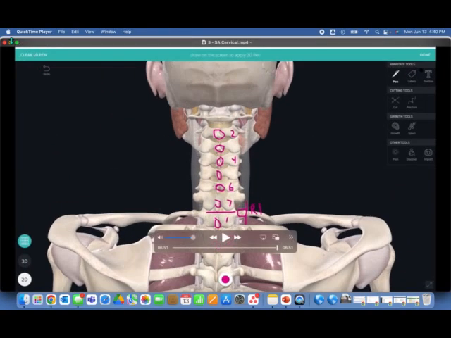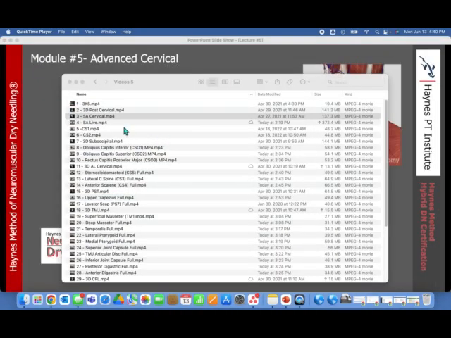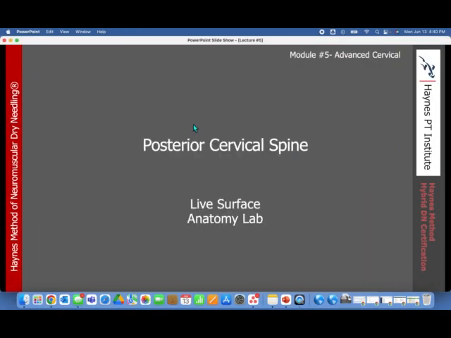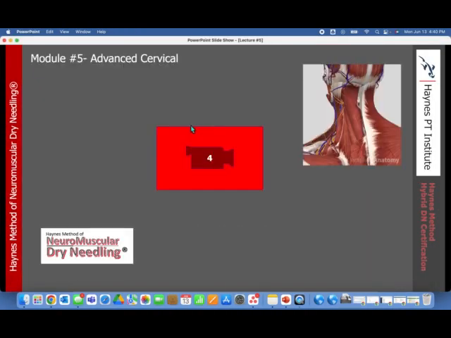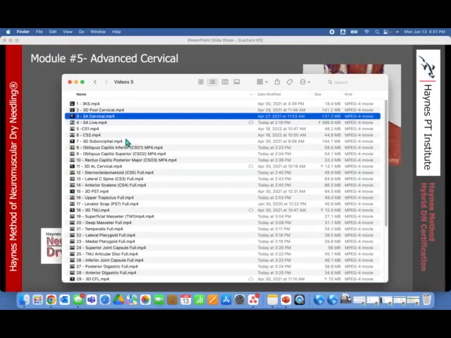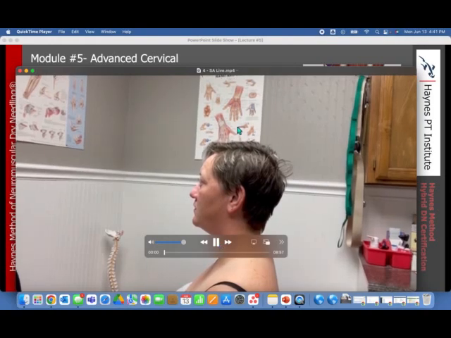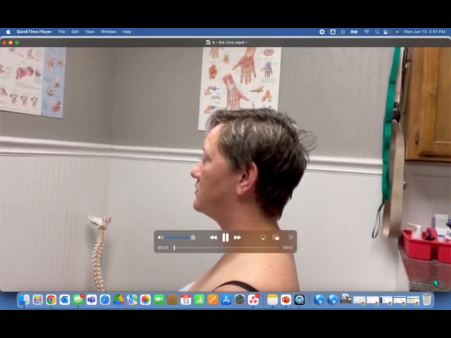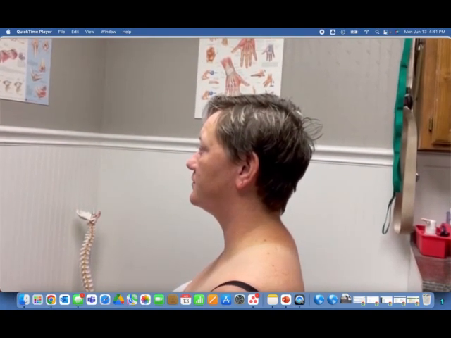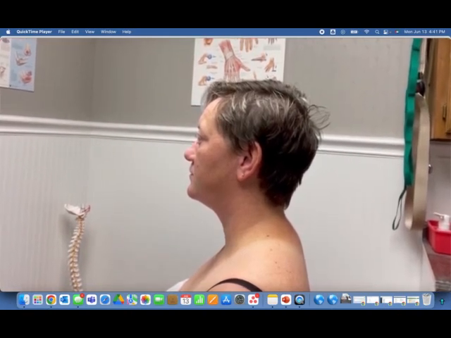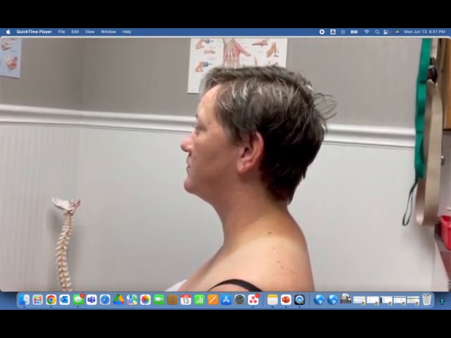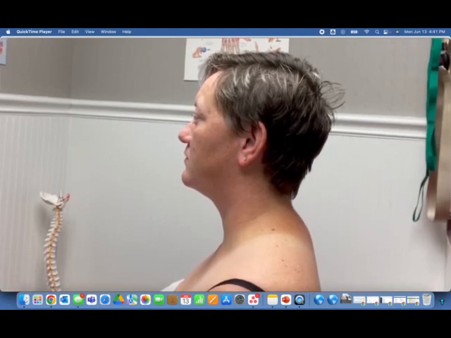All right, so clear that out. And okay, so now let's look at our live version of that. On our surface anatomy of our posterior cervical spine musculature, we can get a good idea of where we're dealing with posteriorly by our anterior structures.